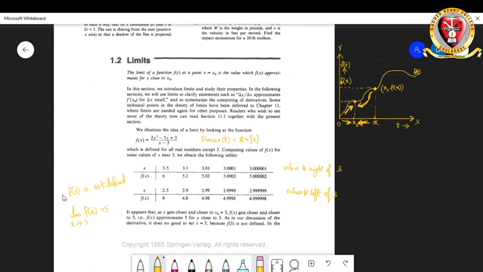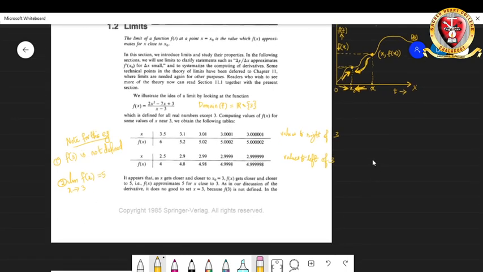So this is an important note for this example: f of 3 is not defined, but the limit of f of x as x tends to 3 is equal to 5. We have calculated it.